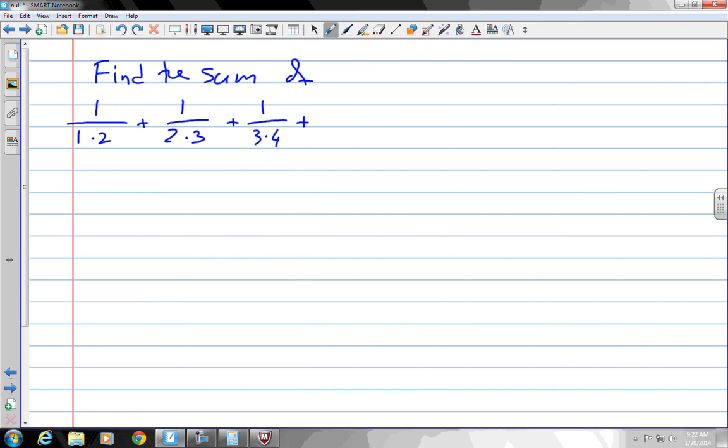What do you think the next one is? 1 over 4 times 5. So in general, I can express each one of them as 1 over n times n plus 1. Right? Is that okay?